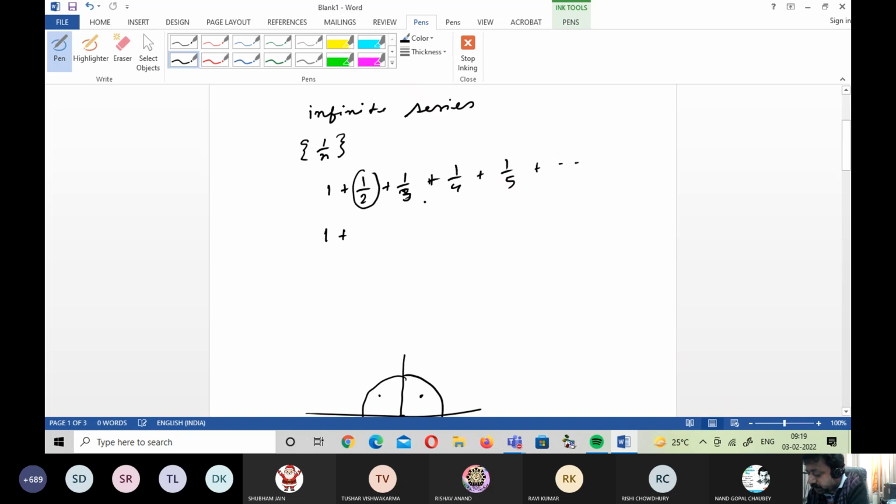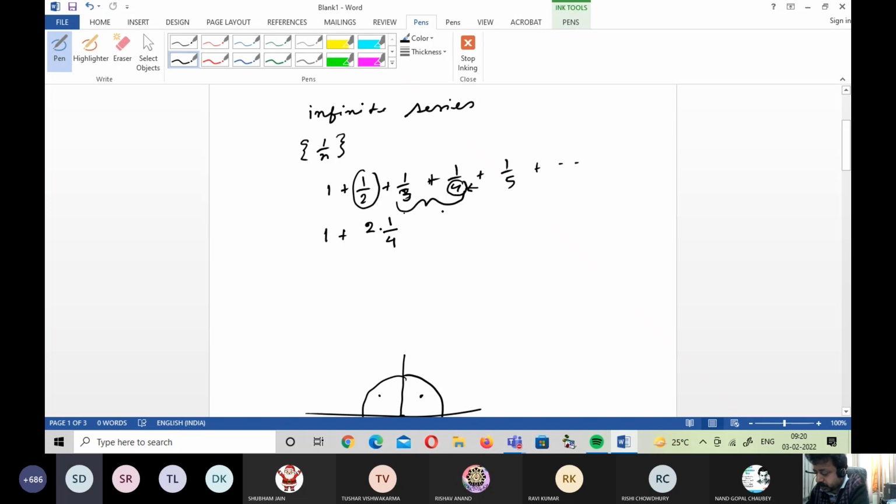Now 1 by 3 plus 1 by 4. You just consider these two. Here this denominator 4 is higher. So the value of 1 by 3 plus 1 by 4 is greater than 2 into 1 by 4. Is it true or not?